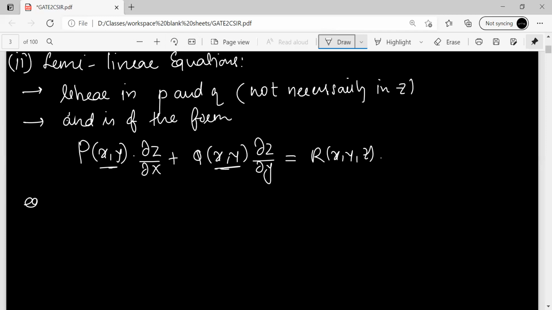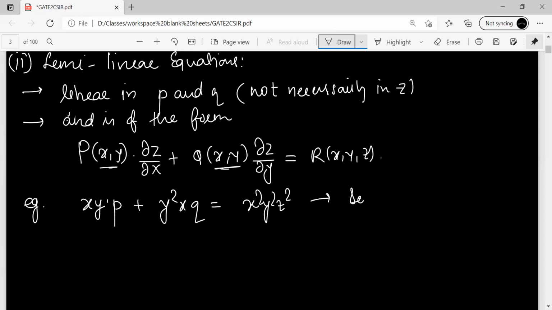Now, let's take an example here. Let's say I have x y p plus y square x cube q equal to x square y square z square. This is basically semi-linear. If someone asks why it is semi-linear, it is linear in p and q, but it is not linear in z. No problem at all. Even if it is linear in z, there is no issue.